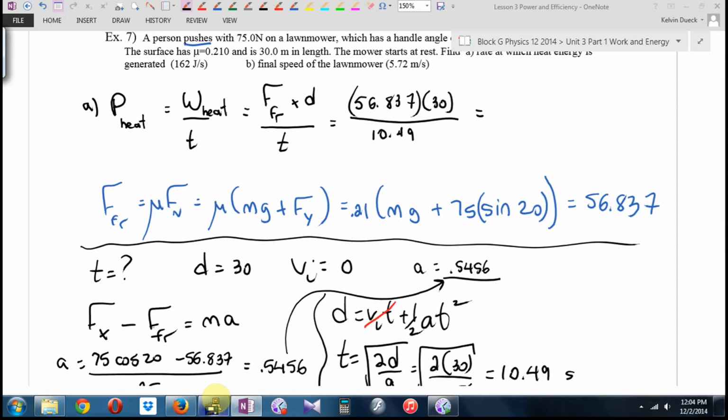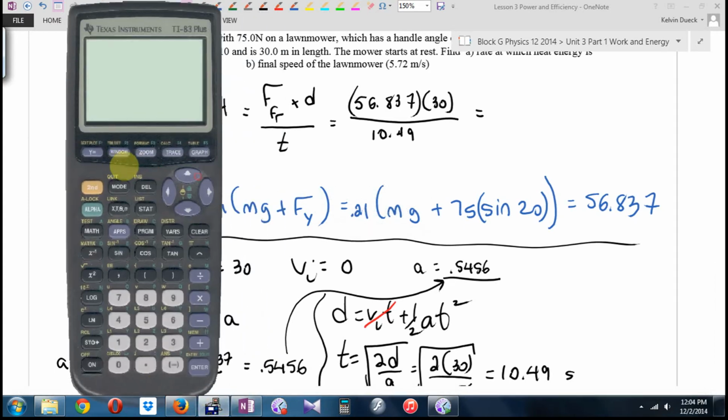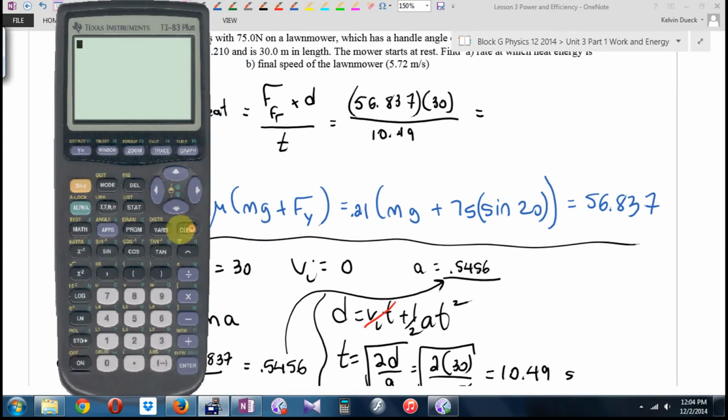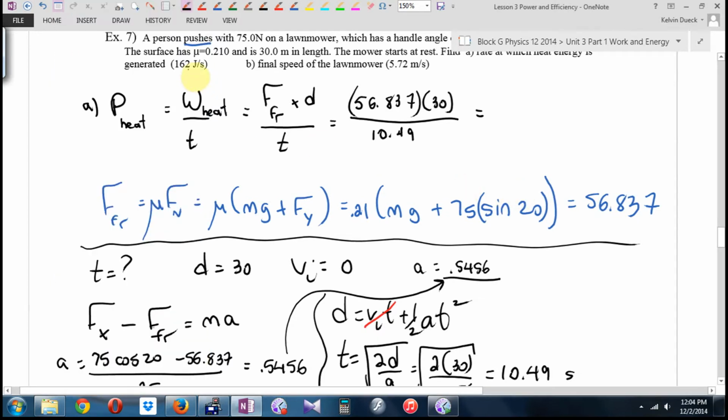Not of energy, but of power. 56.837 times 30 divided by 10.49. And did I say the answer was 163? 162 joules per second. I got 162.5. Probably depending on how many digits you carry, I'm going to call it 163 watts.